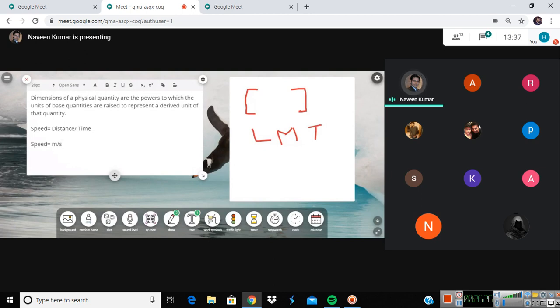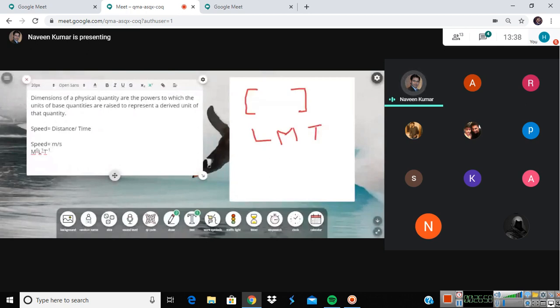So the dimension of this quantity speed we can write in this way: M raised to 0, because M represents mass here. This is L, that is length, so here length is 1, and T raised to minus 1. In speed, the unit is meter per second.